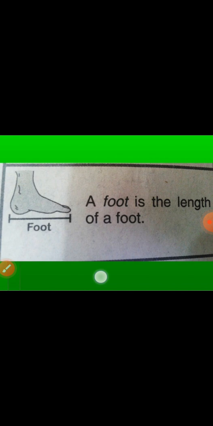So that is why there was a need for a standard method of measurement. Mass should be measured in kilogram, grams. Distance should be measured in kilometers, meters. Temperature should be measured in degrees Celsius, Fahrenheit.